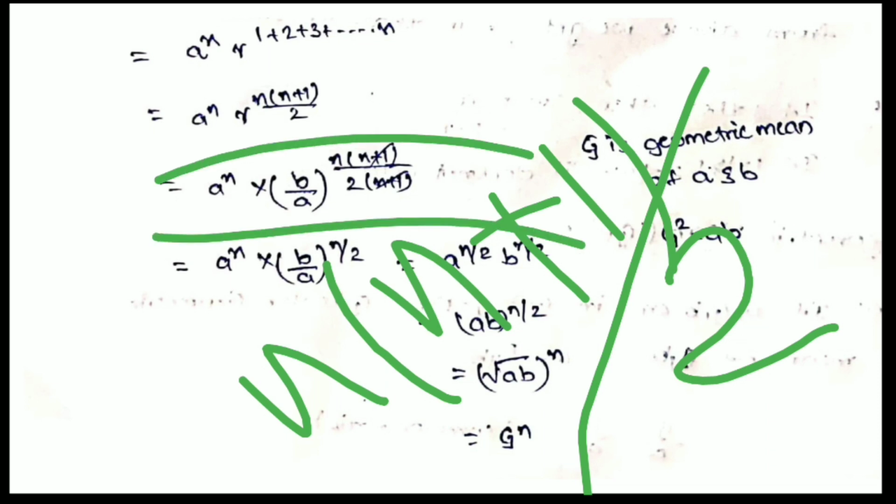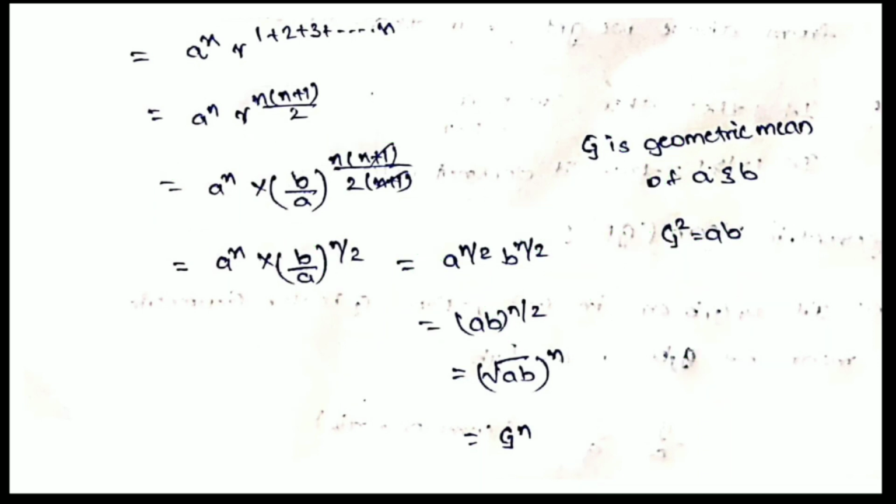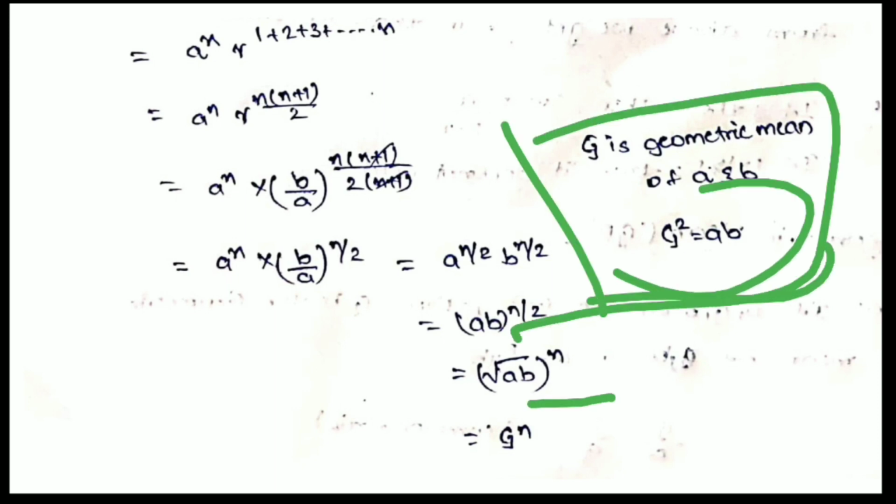A power n into (B by A) to the power n(n plus 1) by 2 divided by (n plus 1), as we have substituted R. That is A power n by 2 into B power n by 2, (AB) whole power n by 2. That is (root AB) whole power n. Root AB is nothing but the geometric mean of A comma B. G square equals AB, then G equals root AB, so the product is G power n.